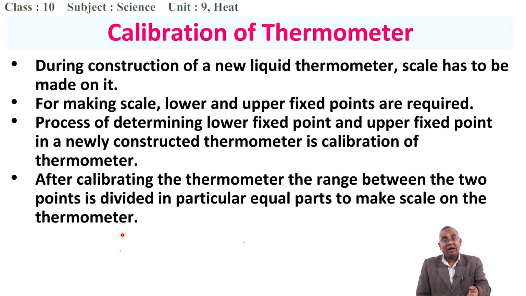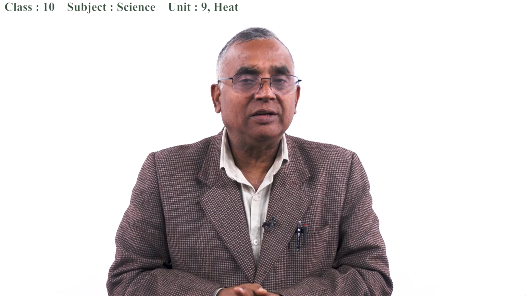And if you are going to make the Fahrenheit scale after calibration, then you will divide the range in between into what? 180 parts. That's why here it is given that it is divided into particular equal parts. Maybe 100 or 180.